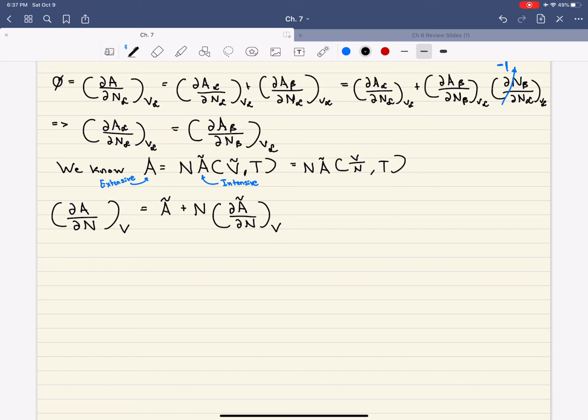All right. But we know that A squiggly is a function of N itself, right? V over N. And so when we write it out, we could rewrite the derivative like this. Okay?